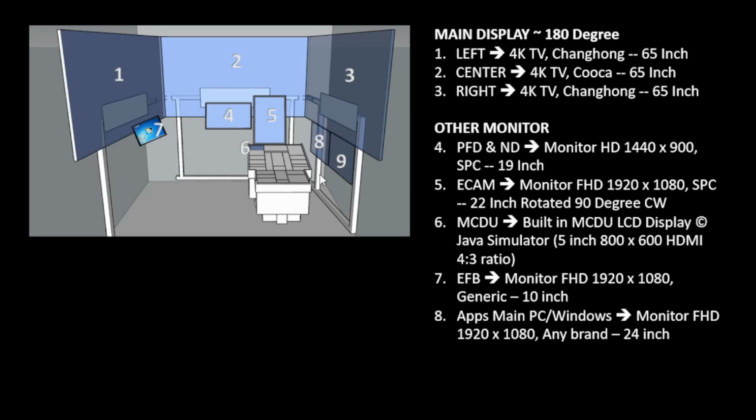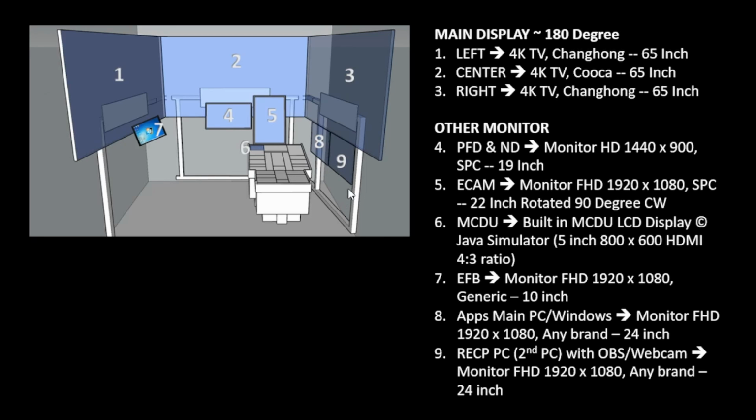And then the 9th monitor, of course, is for the recording PC, the second PC, to show OBS here, the webcam situation here, or controlling the PTZ or the angle of the Insta360 Link. Sometimes it's stuck, because if you don't select the software, it won't move.